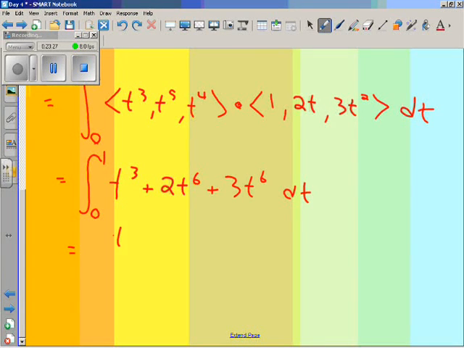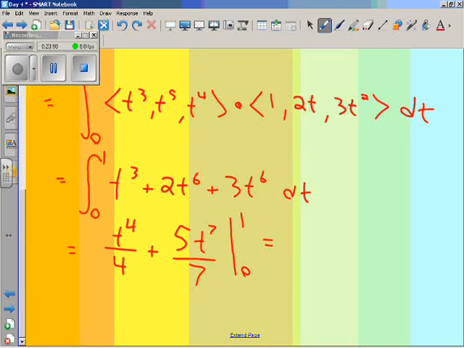And so when we integrate, this is going to turn into t to the fourth over 4. And then this is going to be 5t to the sixth, which will integrate to 5t to the seventh over 7, evaluated from 0 to 1.